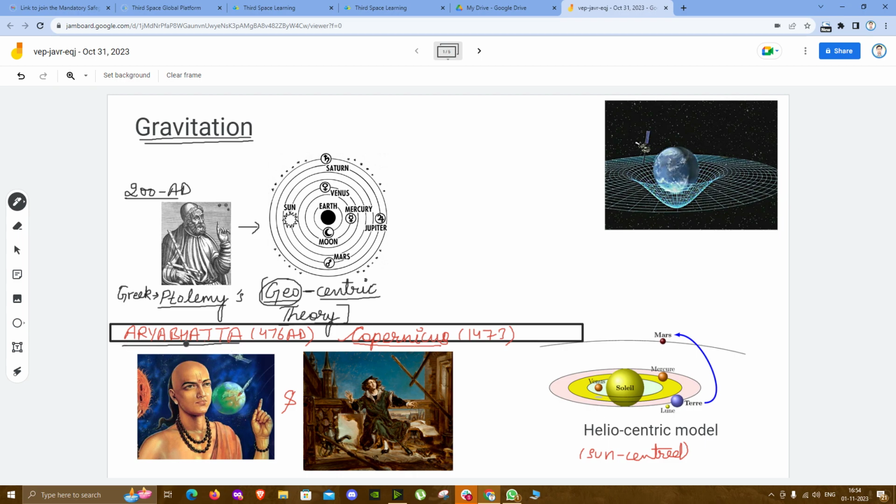He was the first to write down another theory where the sun was at the center and all the other planets were revolving around it. So Aryabhatta was the first to give the actual theory. He was born in 476 AD.